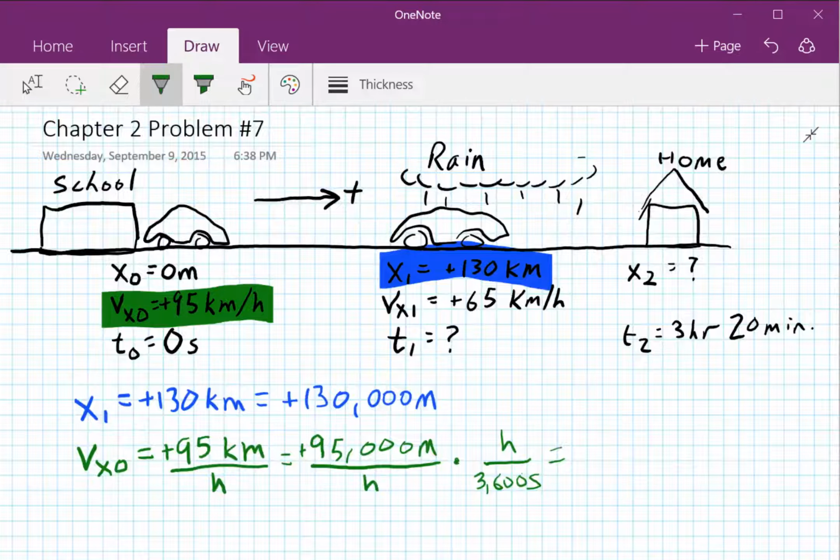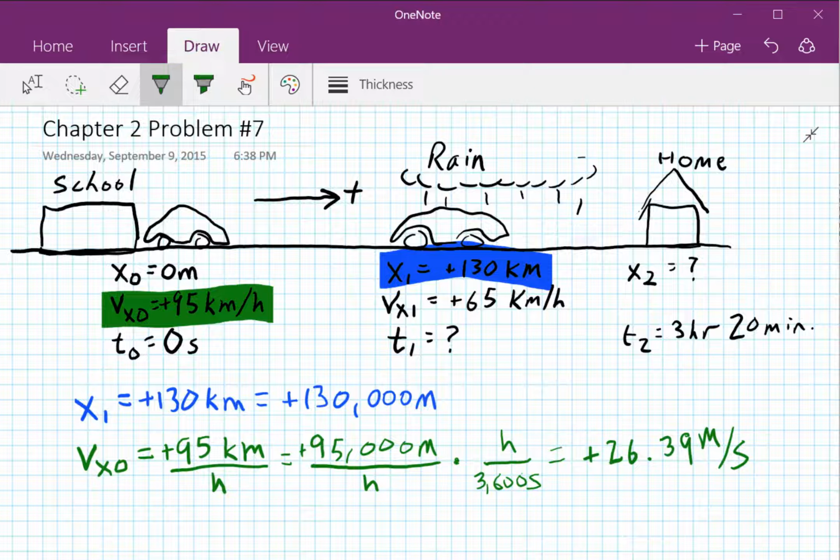So you do 95,000 divided by 3,600, you're going to have a positive 26.39 meters per second for the initial velocity in the x direction.